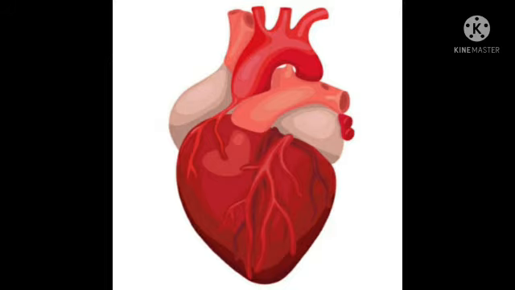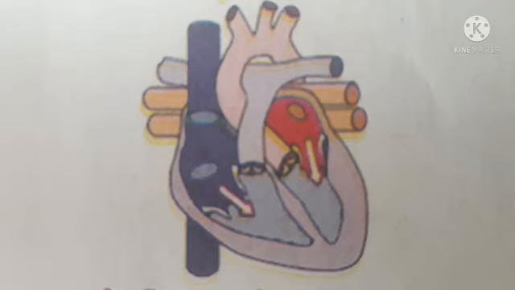Upper two chambers are known as auricles and the lower two chambers are known as ventricles. As we know that heart pumps the blood continuously throughout the body. Blood flows from auricles to ventricles through the valves which are present between the auricles and ventricles.